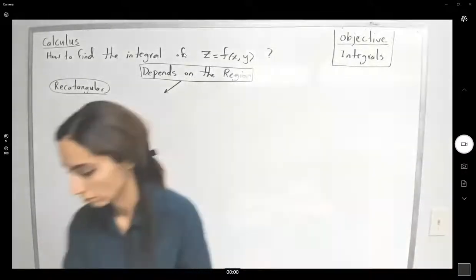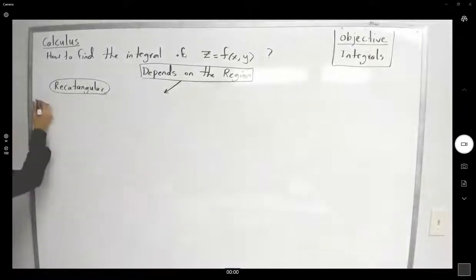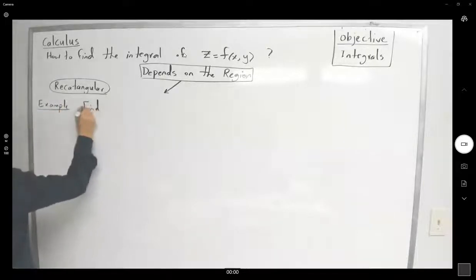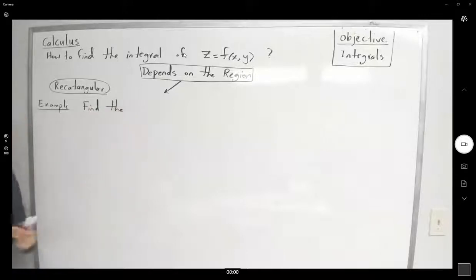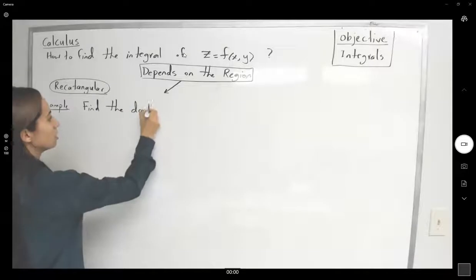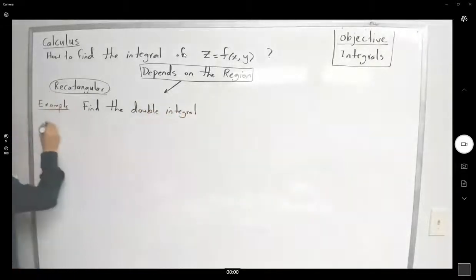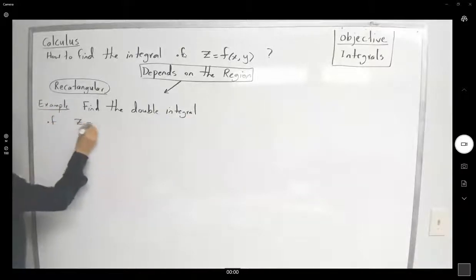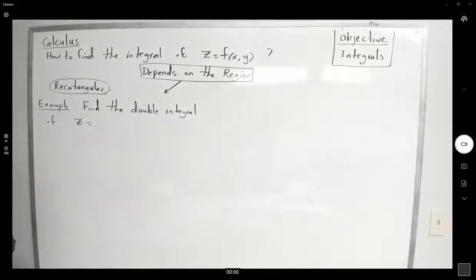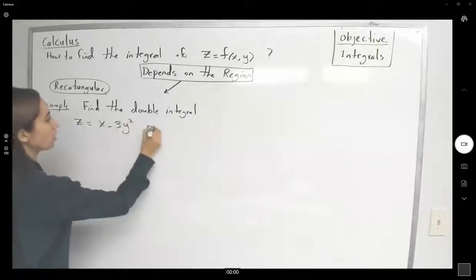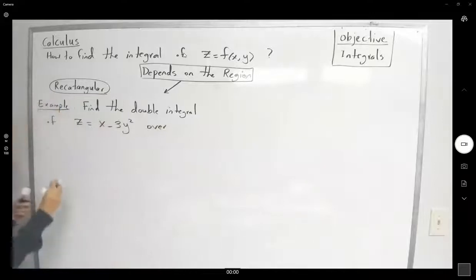So let's see. Examples. I'm going to write down one example here for you. This example says, find the double integral of the function z equals x minus 3y squared, over the following region.